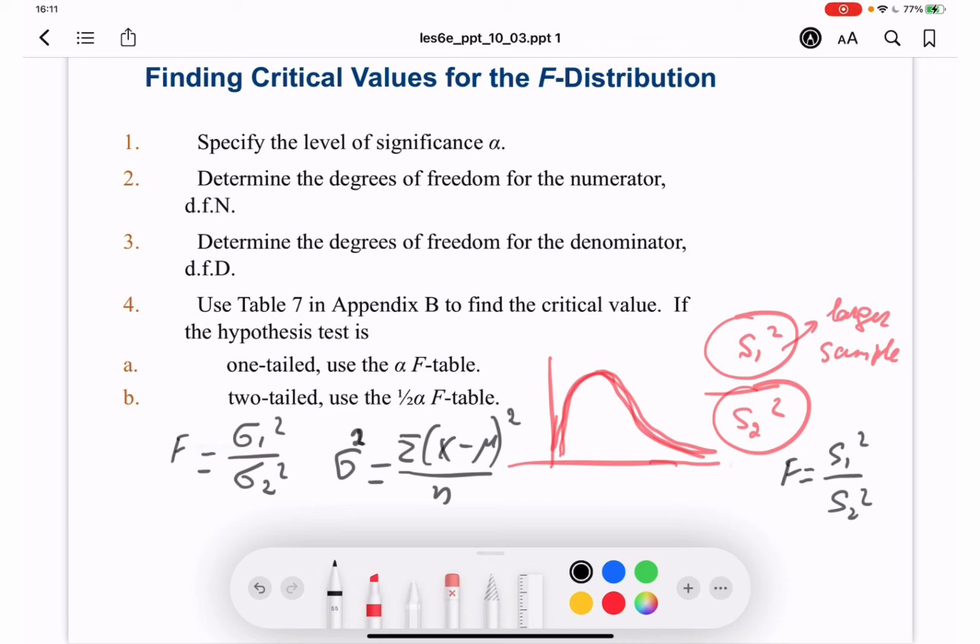If we want to find out whether two samples drawn from the normal population have the same variance, we are going to use this formula because we are using sample variances. But if we want to find out whether the two independent estimates of population variances differ significantly, then we are going to use this ratio. Okay?